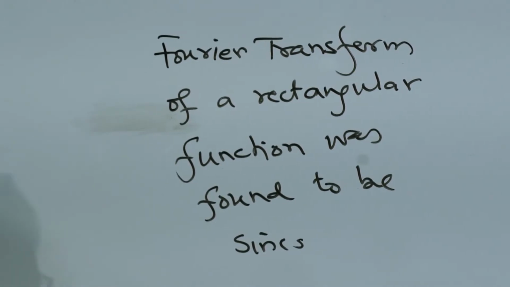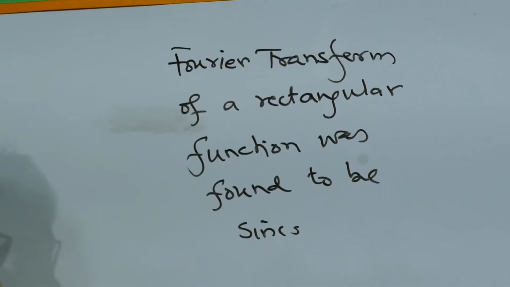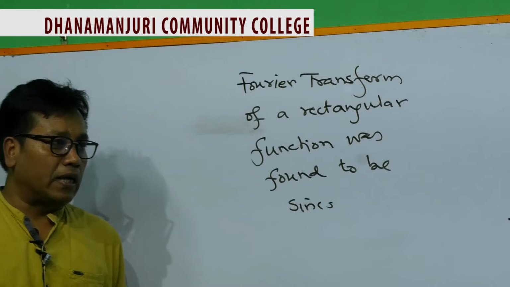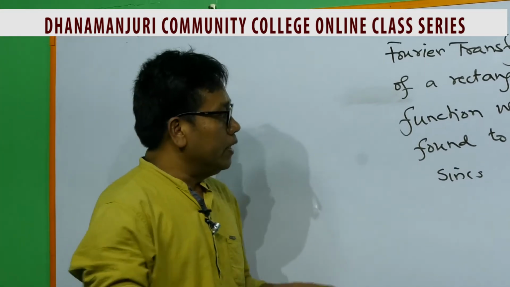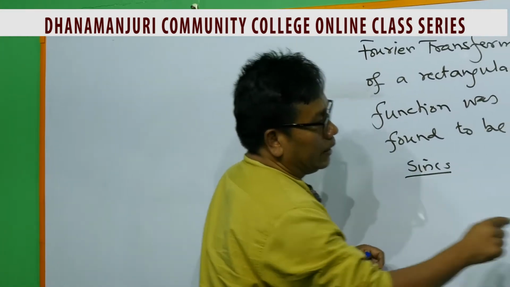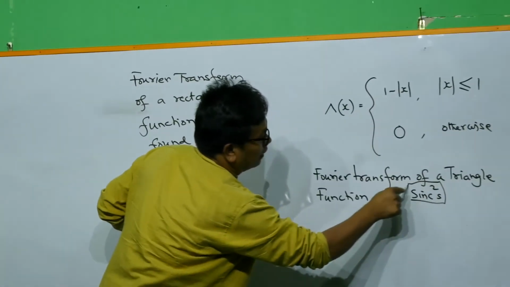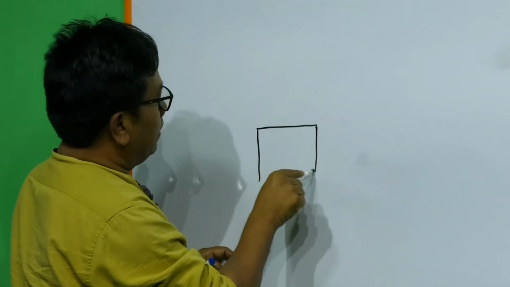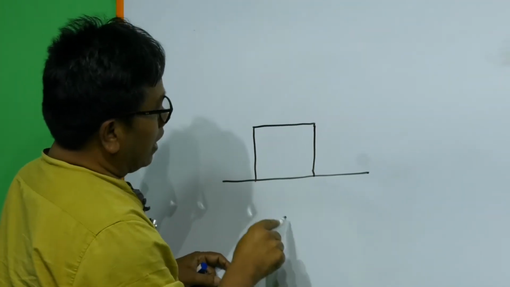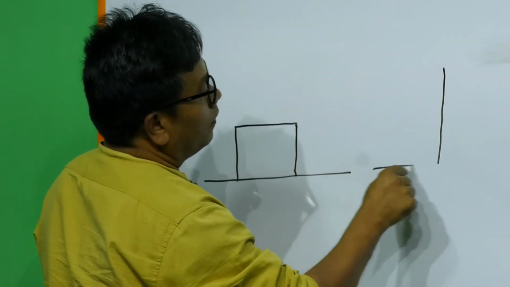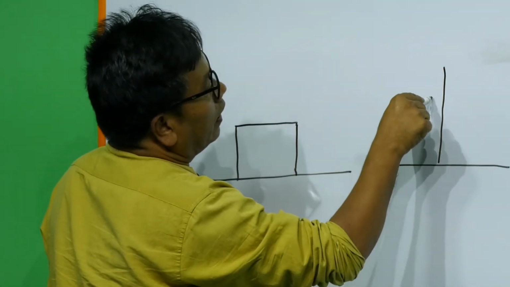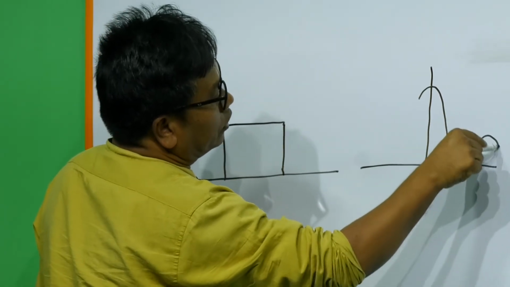So it's no accident that the Fourier transform of the triangle function turns out to be the square of the Fourier transform of the rectangular function. This is sinc and this is sinc square. This was the rectangular function, and it has been transformed into the sinc function.